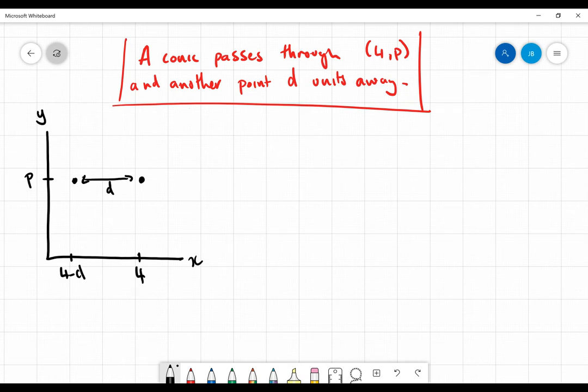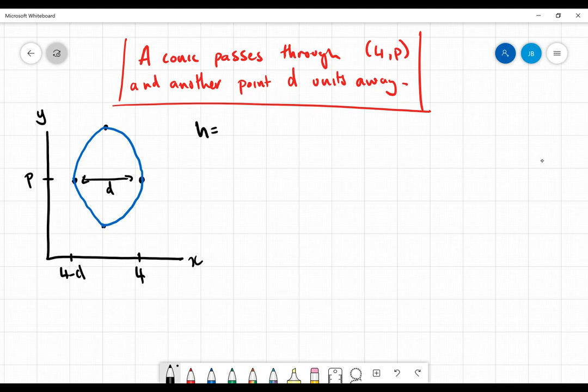So if I was to do a quick sketch of a circle that went through these points, and the exact same process would follow for an ellipse or a hyperbola, then I might do something like this. Already it looks terrible. It looks more like an ellipse actually. It is meant to be a circle, but that's okay. So that's my circle. So now what I'm going to do is try and find my equation.